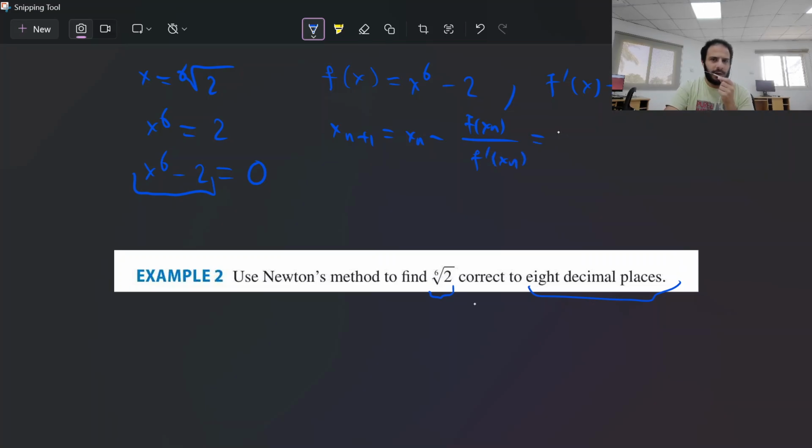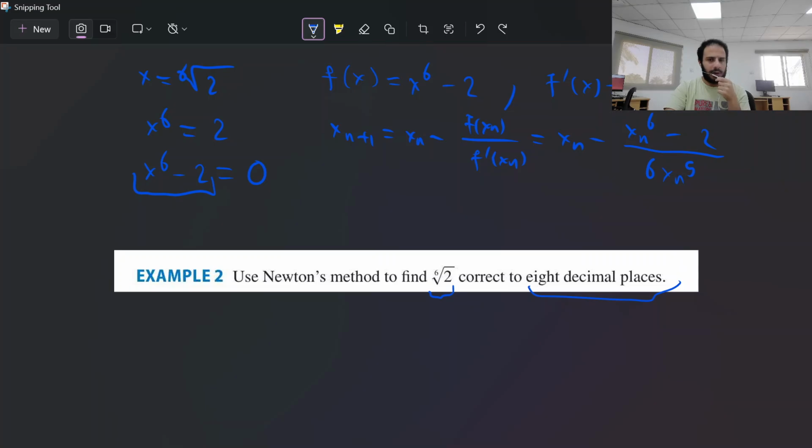This equals xn minus, you substitute xn in f of x, you get xn to the power 6 minus 2 over 6xn to the power 5. So you write the formula once like this, and then you no need to keep writing it again. Just write it once, and then you use your calculator to find the values. But now let's explain the important idea about how to find x1.